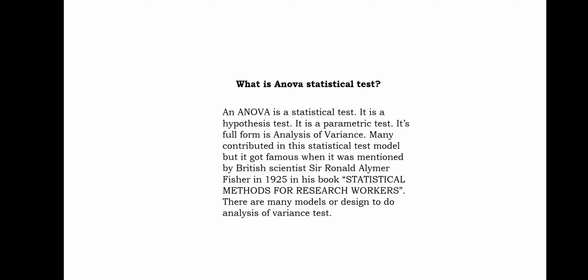It means we have to take samples in order to predict about the population. The second thing we have to keep in mind is that it is a hypothesis test. It means we must do step 2. We have to make 2 hypotheses. We cannot do ANOVA without making a hypothesis.